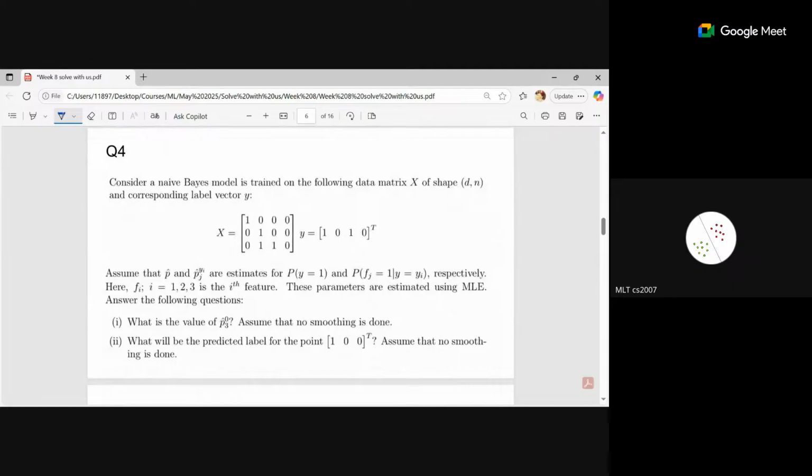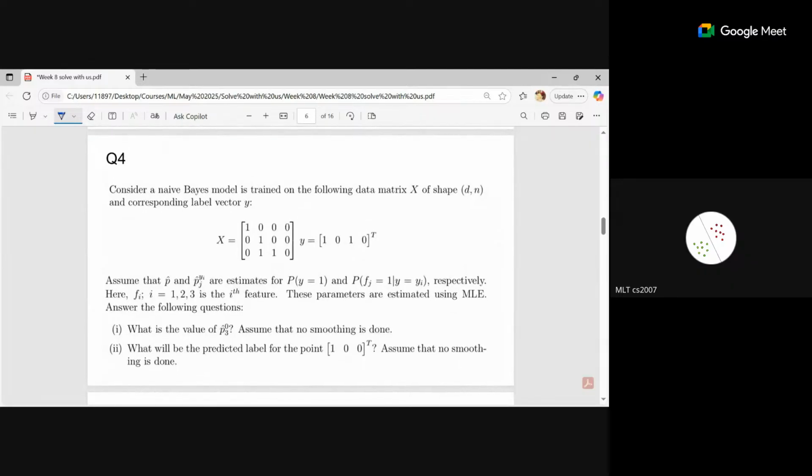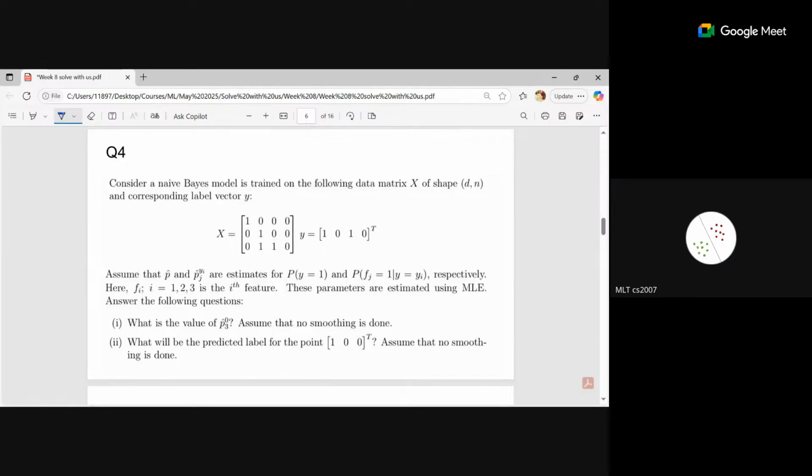Moving to question number four. So here you have a data matrix X of shape D cross N. Here the number of features is three, and you have four training examples. Now the label is also given to you. P hat and P hat j of Yi are as given in the lecture.